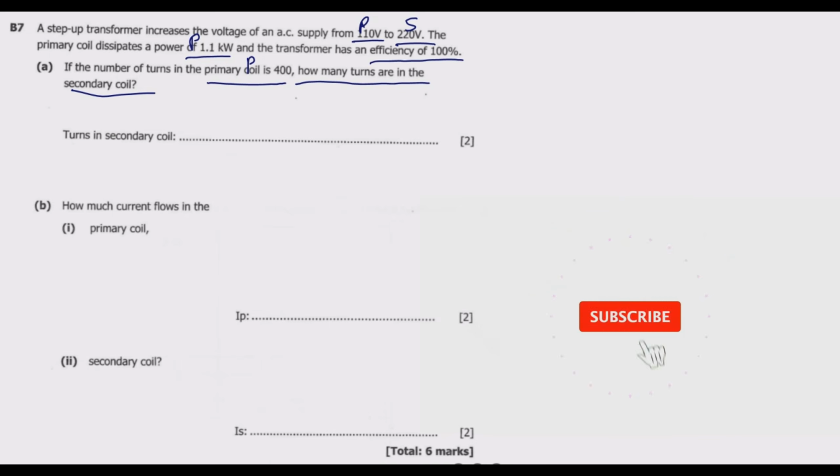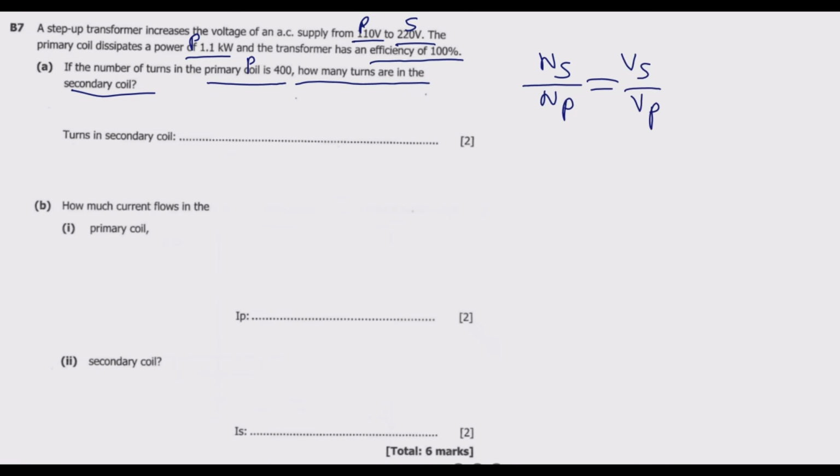So to find the number of turns in the secondary coil, we use the fact that the number of turns in the secondary coil divided by the number of turns in the primary coil is equal to the voltage in the secondary coil divided by the voltage in the primary coil.